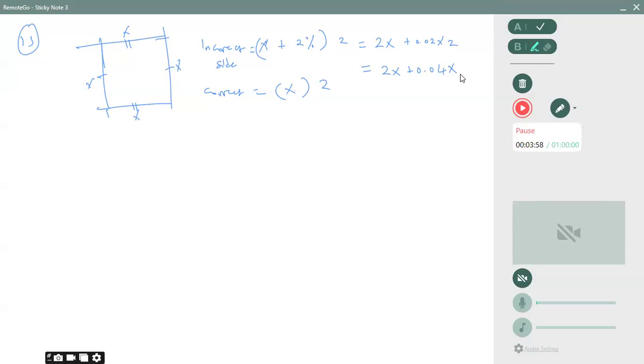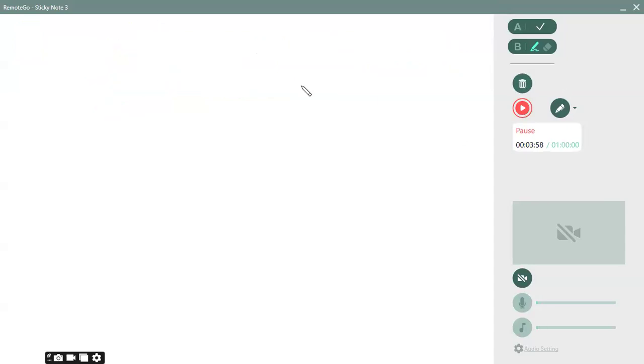The incorrect side has to be x plus an addition of 2%. Let me interpret it properly. This is a square.